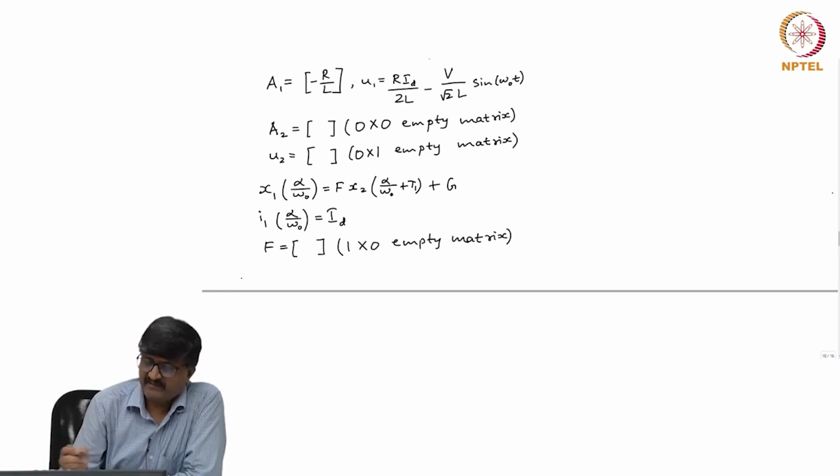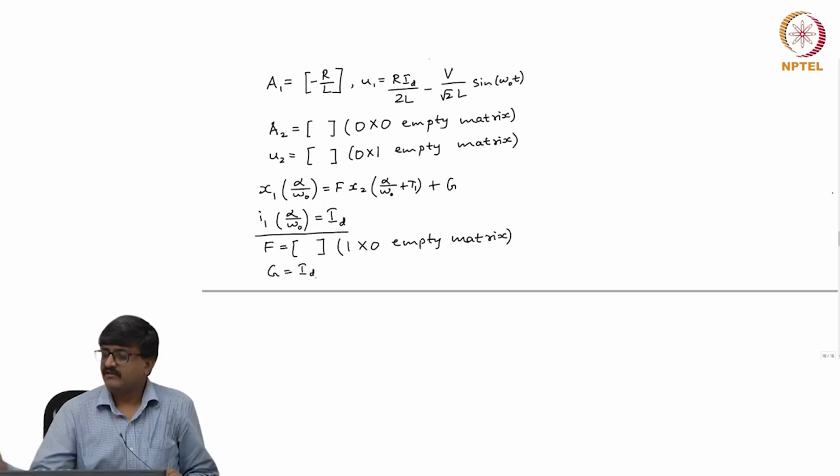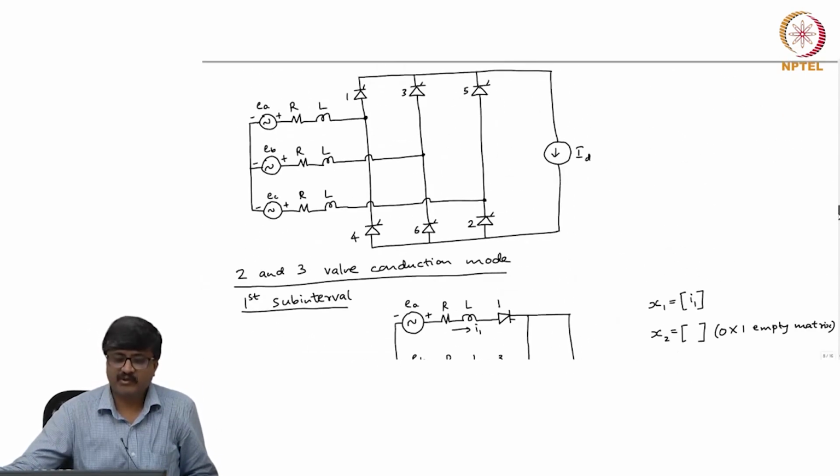So, what remains on the right hand side is g. From the equation, I1 at alpha by omega equal to Id, I get g equal to Id. So, this is for 2 and 3 valve conduction mode.